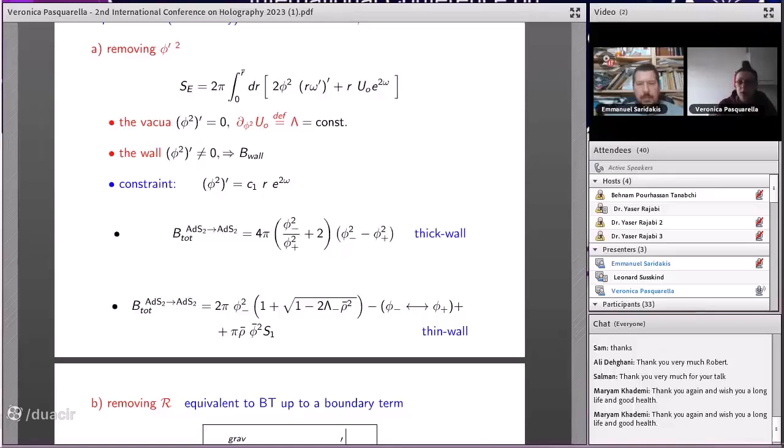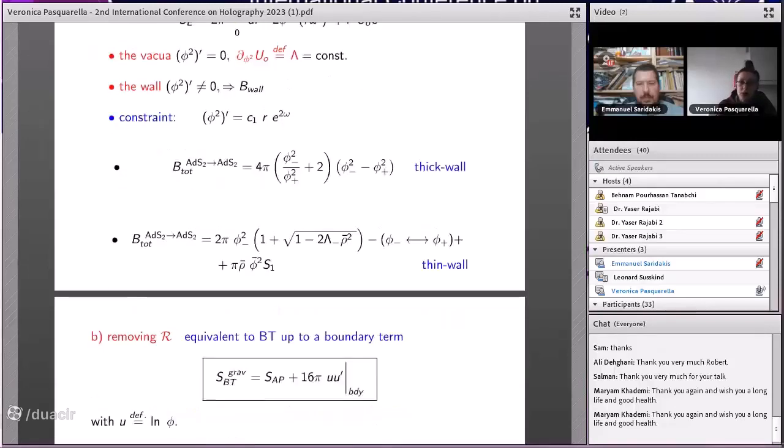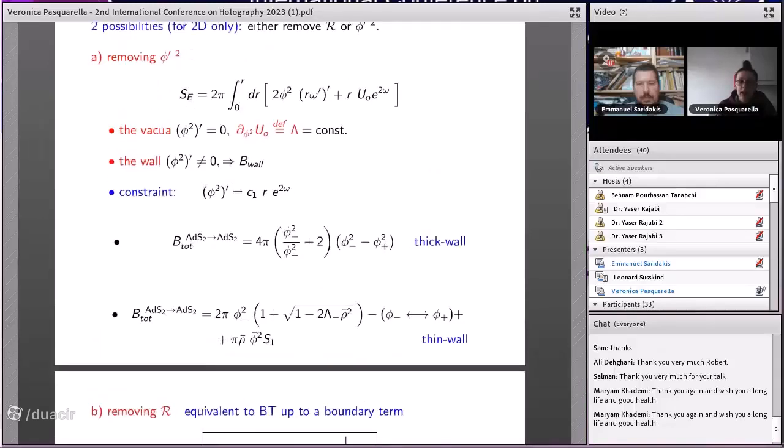We are able to trade the kinetic term for the scalar field with the one with the Ricci scalar term, and so we are able to get 2 different results. In the first case, when you remove the kinetic term, we have two different procedures, either the thick wall method or the thin wall approximation, and we obtain these results for the total bounce.